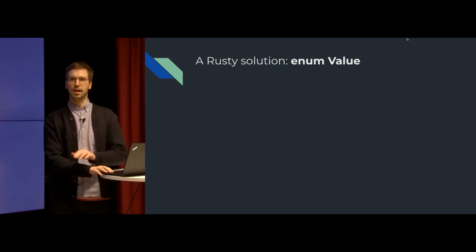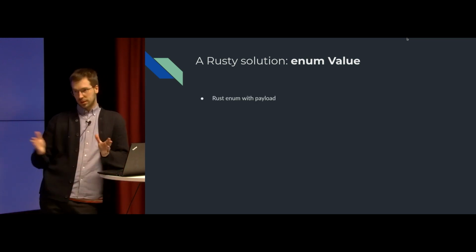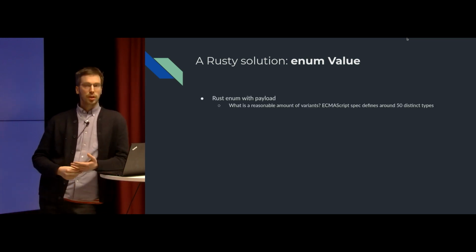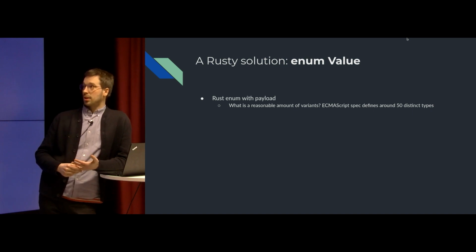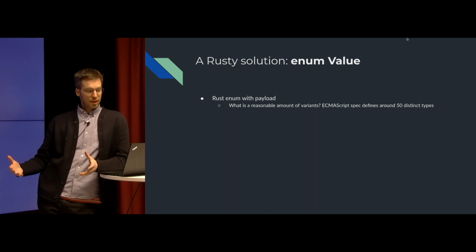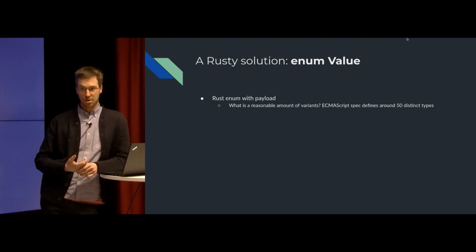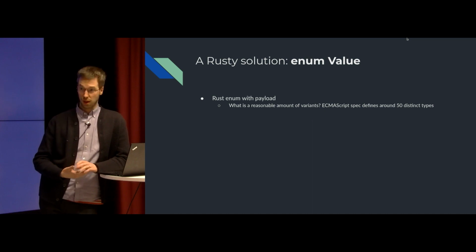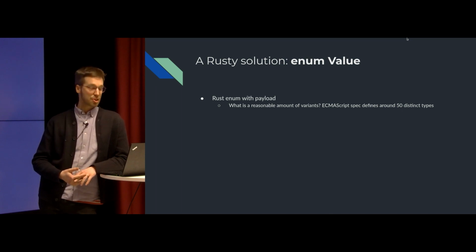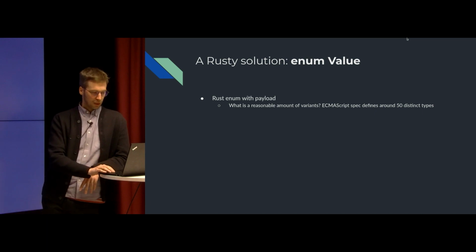Let's use an enum. So we take a Rust enum with a payload, and let's first ask ourselves, what is going to be the representation of our enum? We could just let Rust decide, but it's probably going to decide on a usize for it, and that's a bit too much. We really don't need 2 to the power of 64 different variants. So no, thank you.